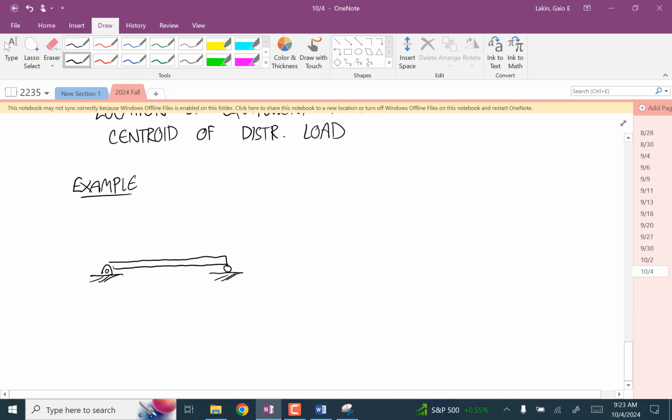And let's say that this beam has a mass of 100 kilograms. We'll say that this is 2 meters long. And we want to calculate the reaction loads.